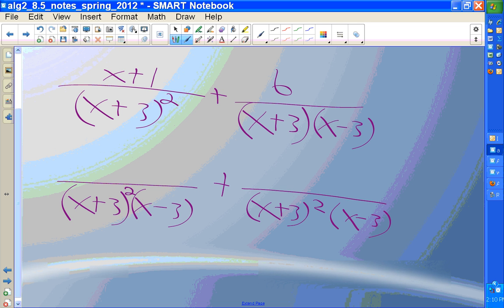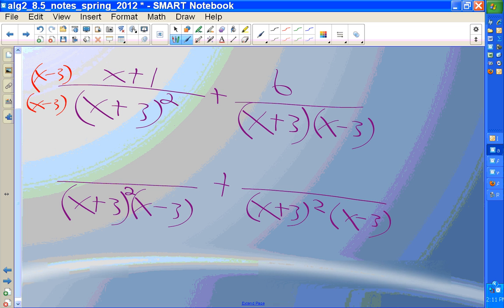Is anyone not seeing how to get the LCD? Everybody feel okay with that? So now we go back to the what did you do? What did you do to x plus 3 squared to make it look like this? By x minus 3, and we're going to do that top and bottom.